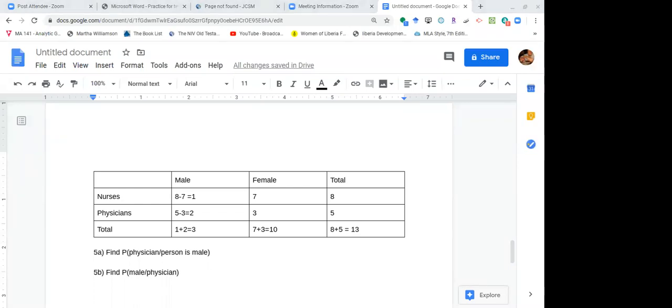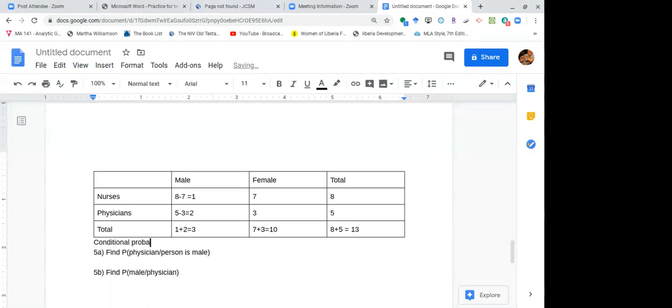Okay. Can you see the screen? Mm-hmm. It's the same chart. I just copied it and brought it down here. Yes. Now, if you're looking at the chart, it's really easy to do these. These are called conditional probabilities.